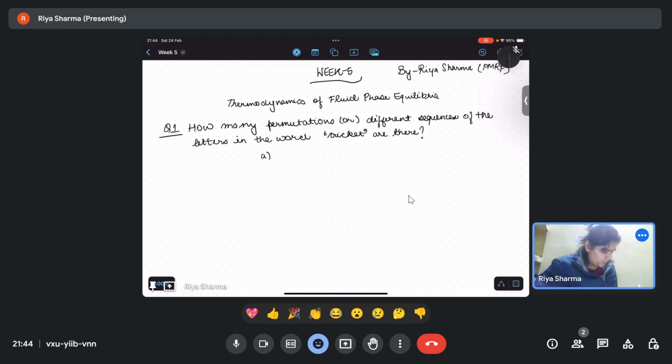The A option is 2520, B option is 4120, C option is 3100, and D option is 1000.